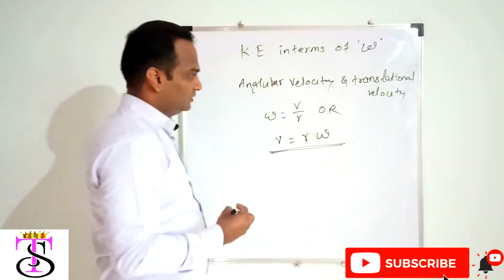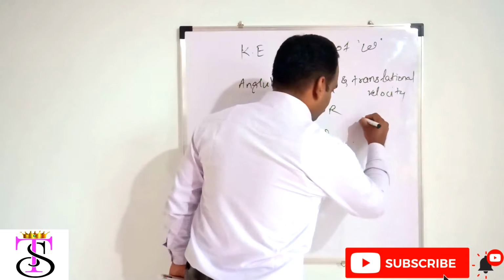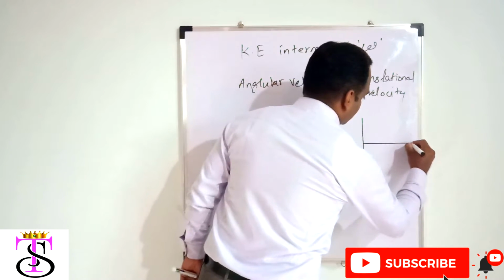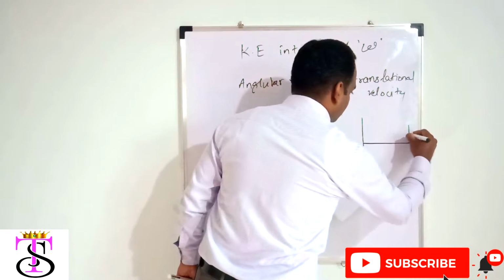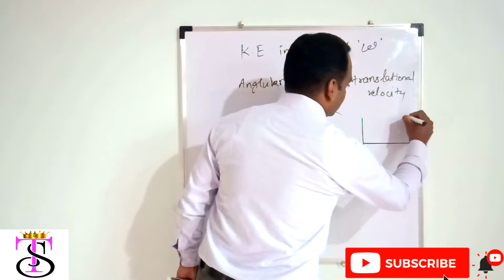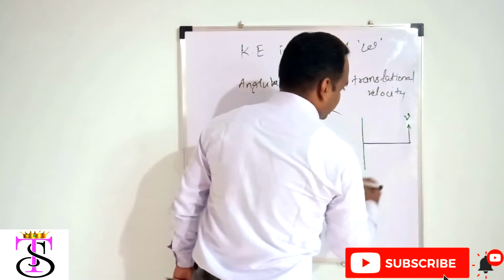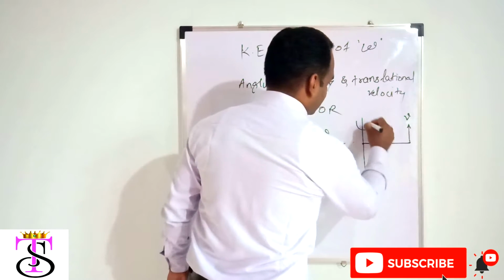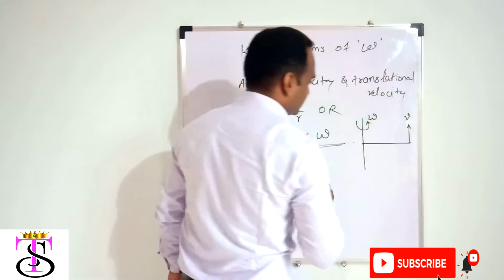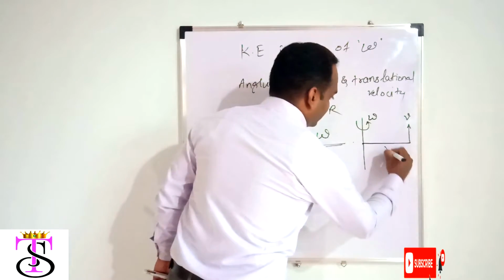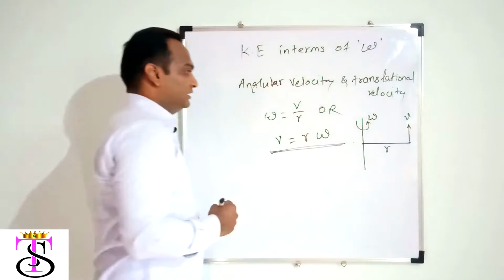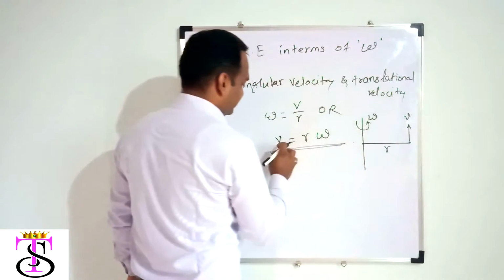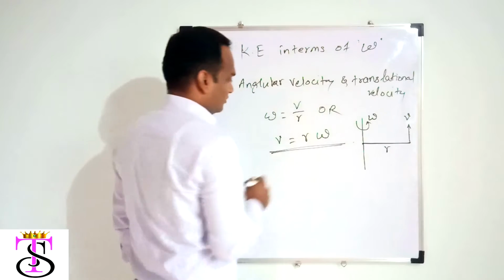Let us see how. Let us consider a particle rotating about this axis with angular velocity omega and with radius r. Its tangential velocity v is given as v is equal to r omega.